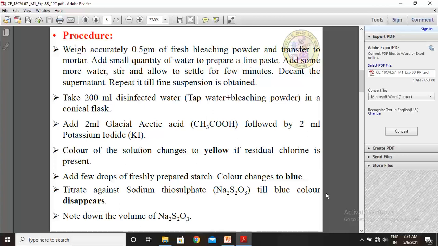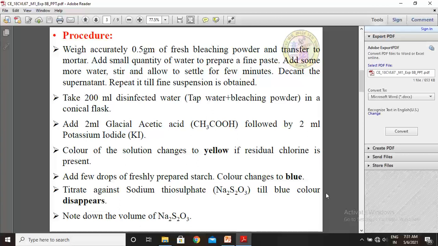Next step, take 200 ml disinfected water, that is tap water plus bleaching powder, in a conical flask. Next, add 2 ml glacial acetic acid followed by 2 ml potassium iodide. Color of the solution changes to yellow if residual chlorine is present.